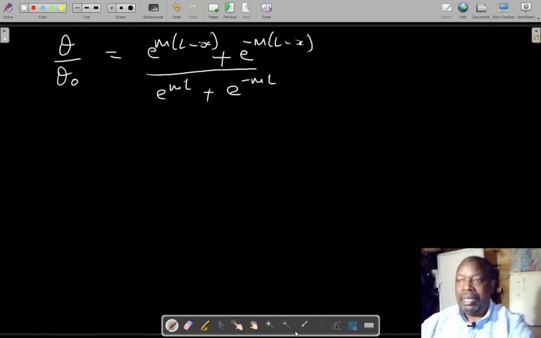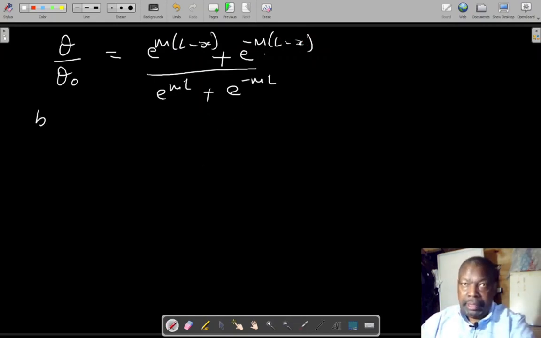Remember that we had m(x minus L), so to make it compatible with this, we put a negative sign there, and then we get L minus x.